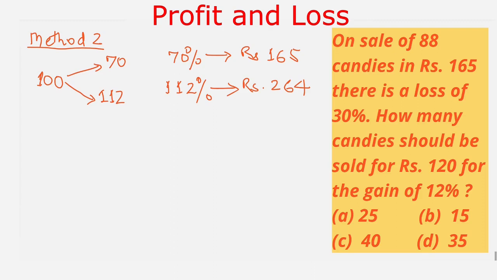rupees 165. Now we can calculate the number of candies in rupees 120. In rupees 264, quantity of candies is 88.